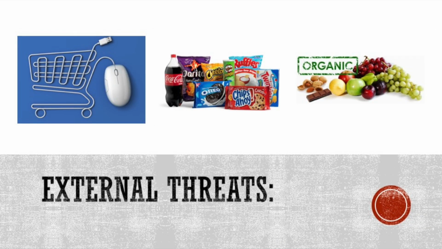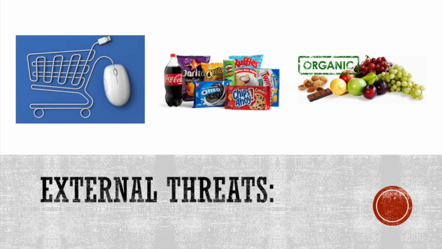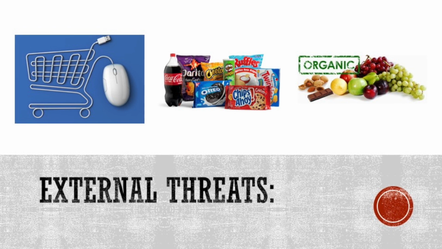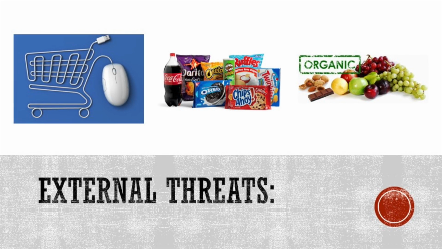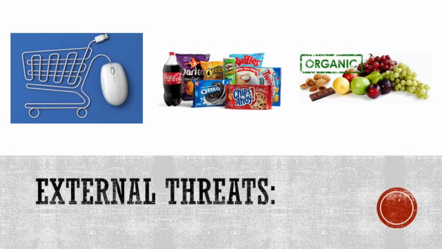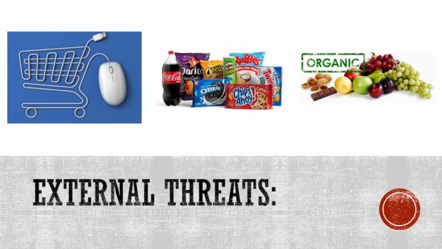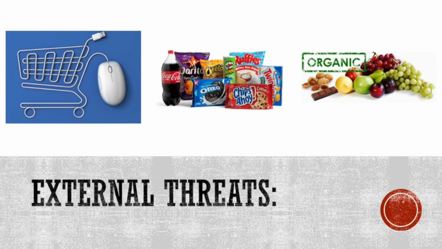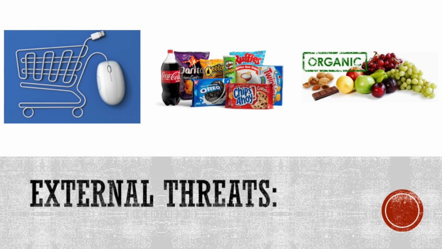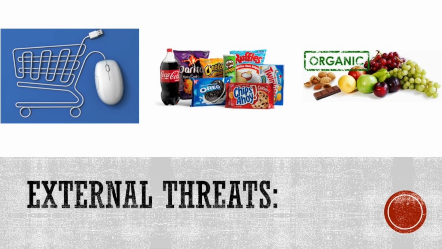We had also found that there are 3 key external threats. The first one being more customers are shopping online for groceries. We have seen 70% of customers beginning to shop online, which also has to do with the fluctuating income groups. We are starting to see a different group of people going into grocery stores and meeting different standards. 2, customers want organic, plant-based, all-natural ingredients. Customers are looking for healthier ingredients in their foods.